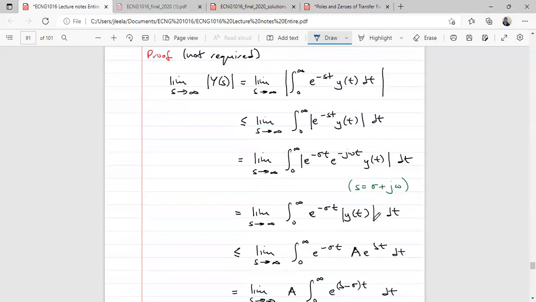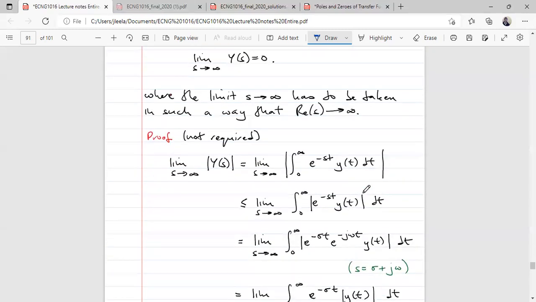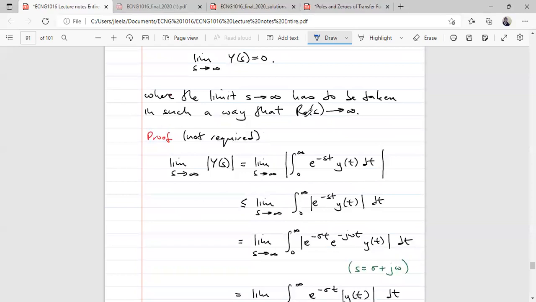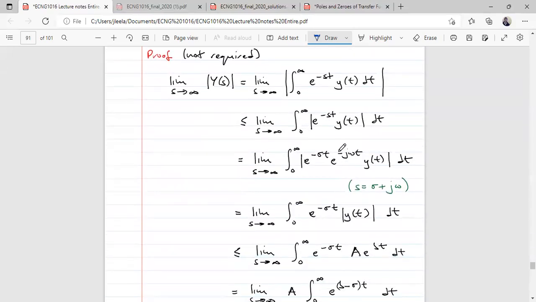So this will be equal to the limit as s approaches infinity of the integral between 0 and infinity of e to the minus sigma t, because remember we are only focusing on the real value of s here. The limit is taken in such a way that the real part of s approaches infinity. So this imaginary part just vanishes, and you have the integral of e to the minus sigma t, and then you take the absolute value of y(t).